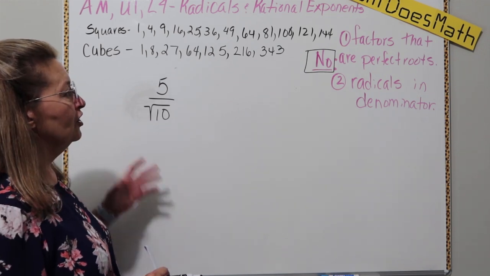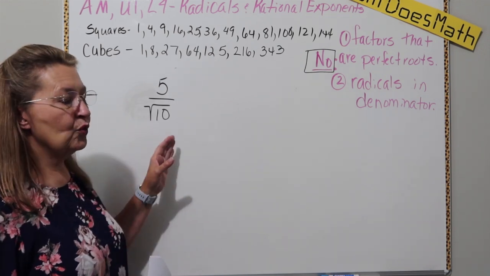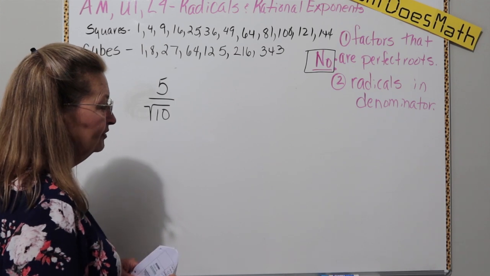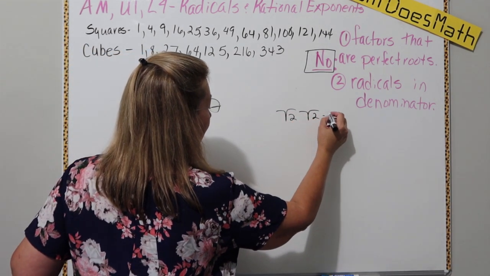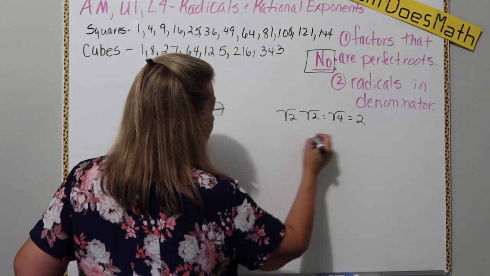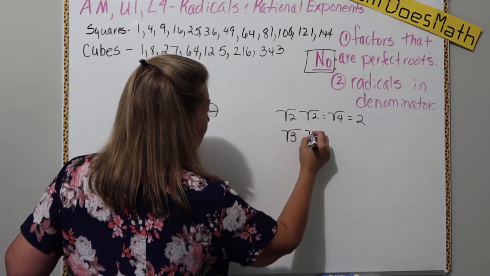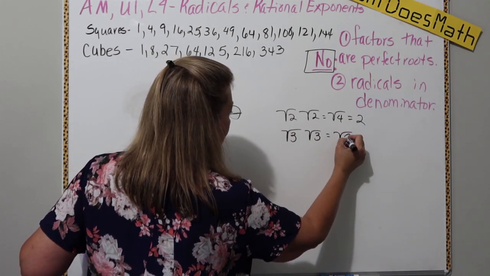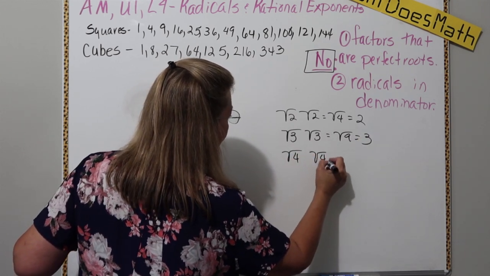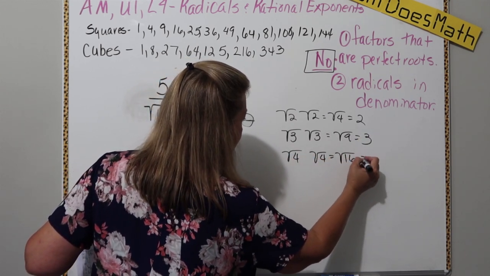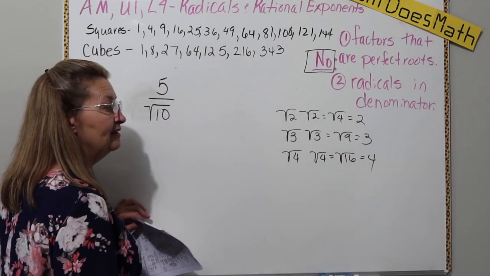What have we learned about any time you multiply a square root times itself? If I do square root of 2 times square root of 2, I get square root of 4, which is 2. If I do square root of 3 times square root of 3, I get square root of 9, which is 3. Square root of 4 times square root of 4 is square root of 16, which is 4. Do you notice the trend?